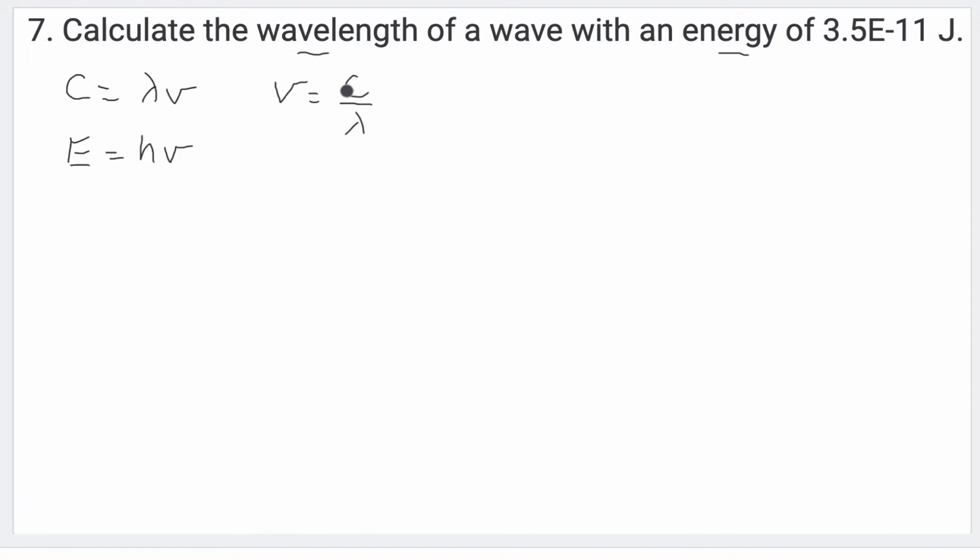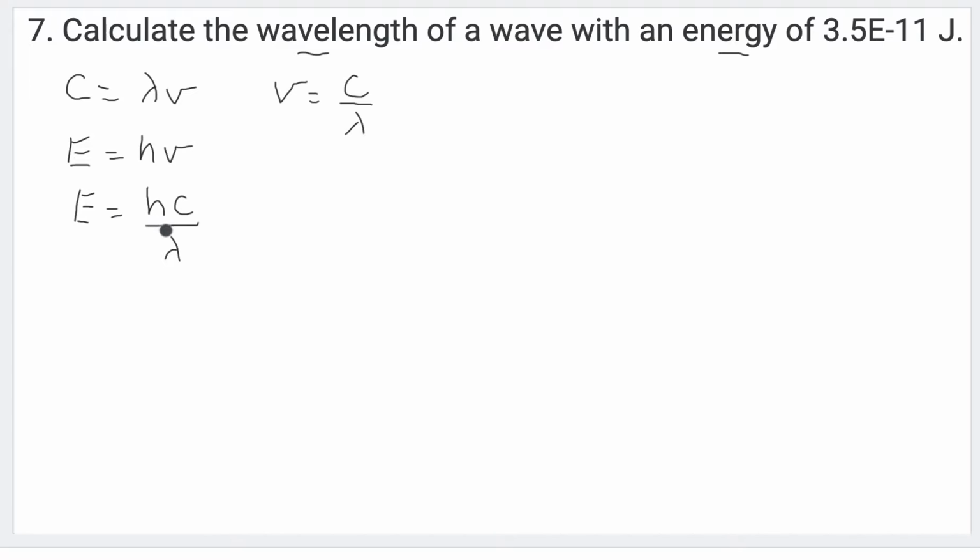Then we can substitute into the energy equation what frequency is equal to. So energy is equal to Planck's constant times the speed of light divided by the wavelength. And that basically is just putting these two equations together.